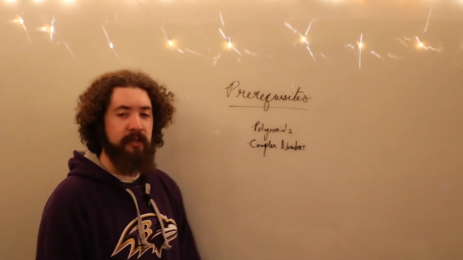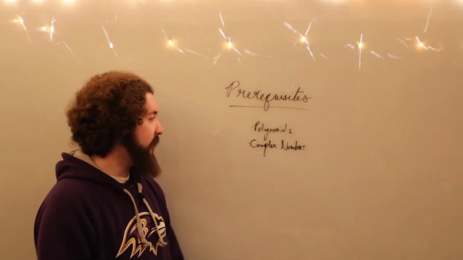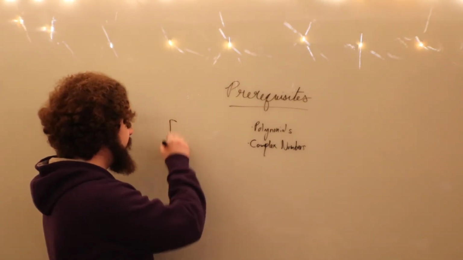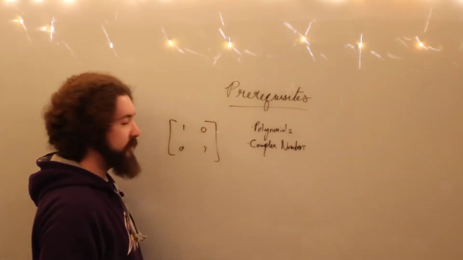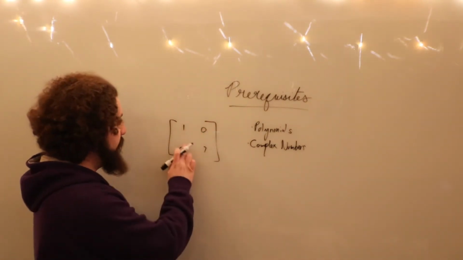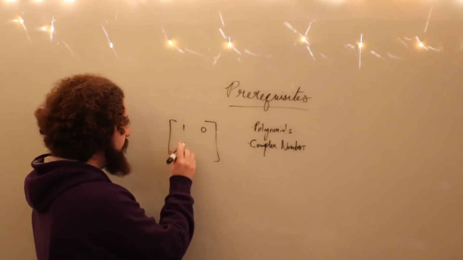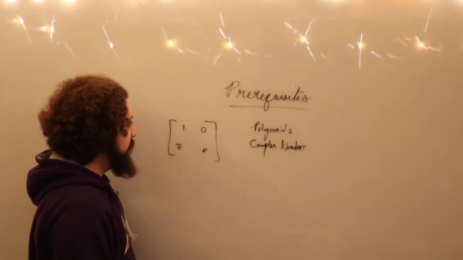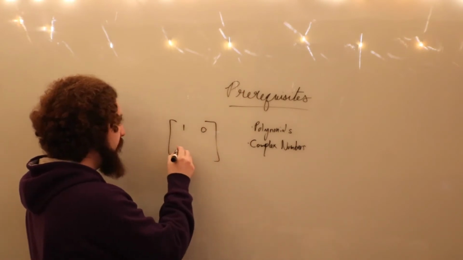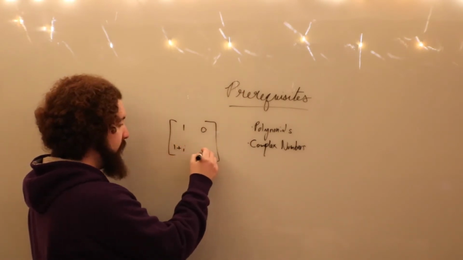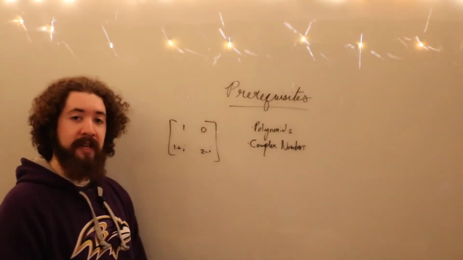They will come up because you can have matrices that have only ones and zeros in them, or you can have matrices that have real numbers in them, or you can have matrices which have complex numbers as entries.